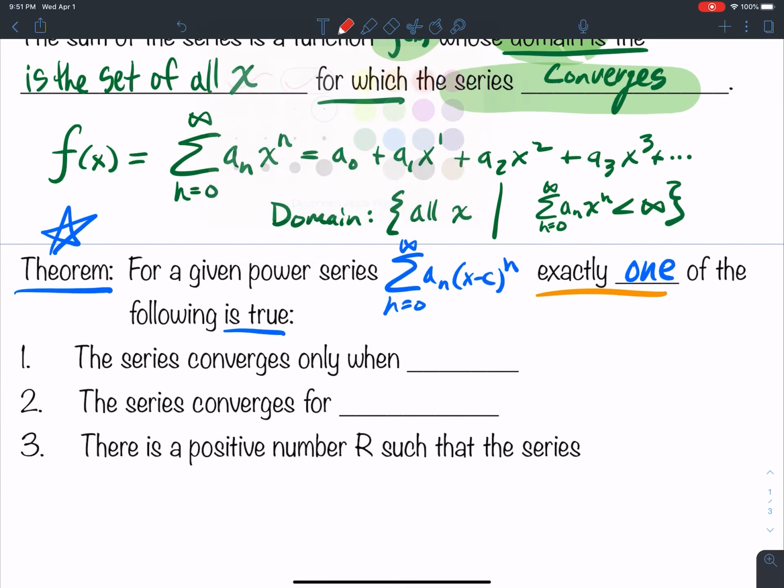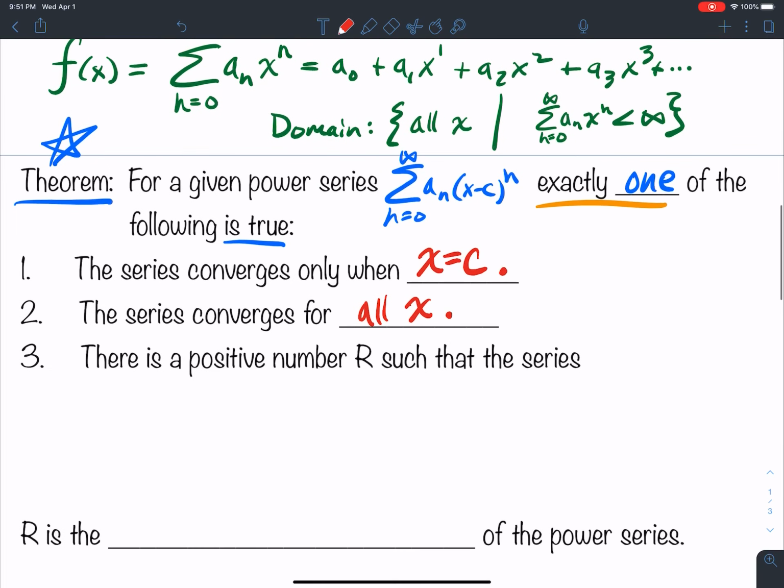So the series converges only when x is equal to c. Okay? Or the series converges for all x. All right?